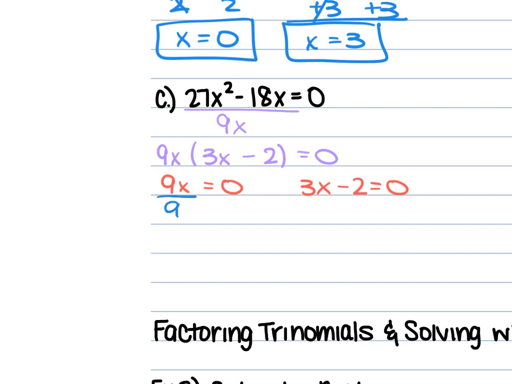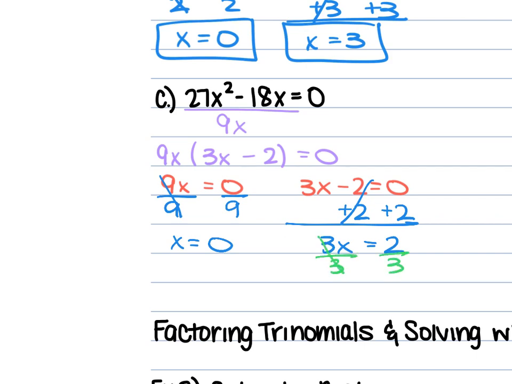From here, divide by 9. We get that x is equal to 0. Add the 2. We get 3x is equal to 2. Then we divide by 3. We get that x is equal to 2/3. So x is equal to 2/3 and x is equal to 0.